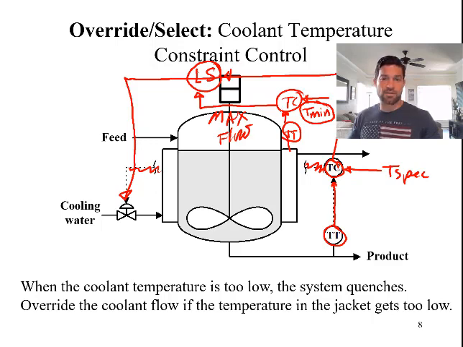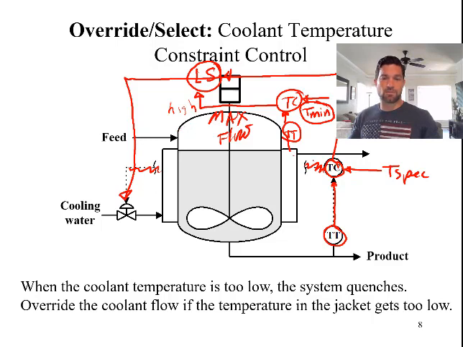Okay, so under normal operating conditions, when the temperature here is high enough to keep the reaction going, the cooling water flow is controlled by the main objective loop. And the secondary loop is trying to get this to the minimum, so this is trying to open the valve. So during normal operation, this right here is going to be a relatively high flow signal.